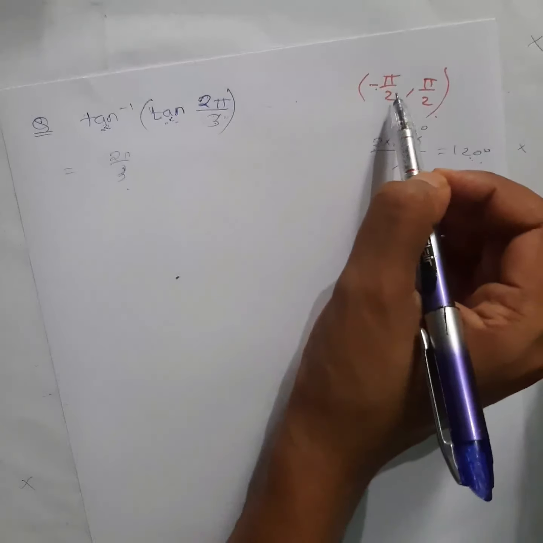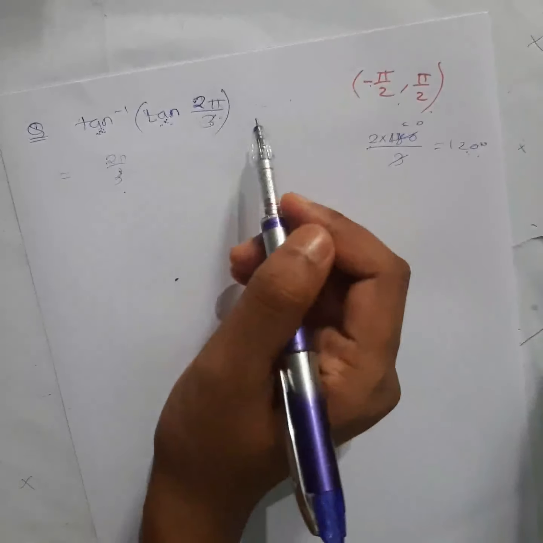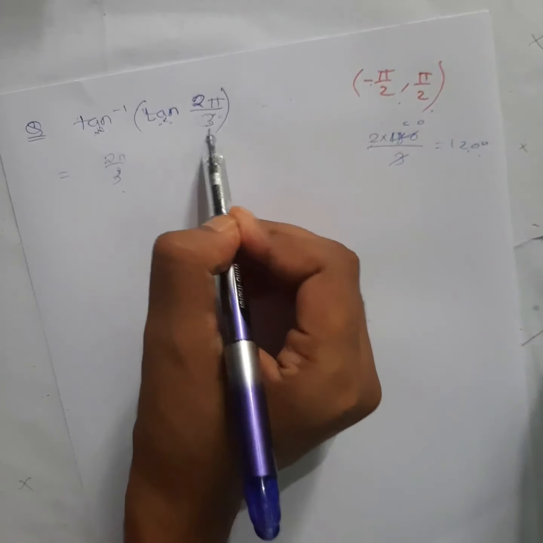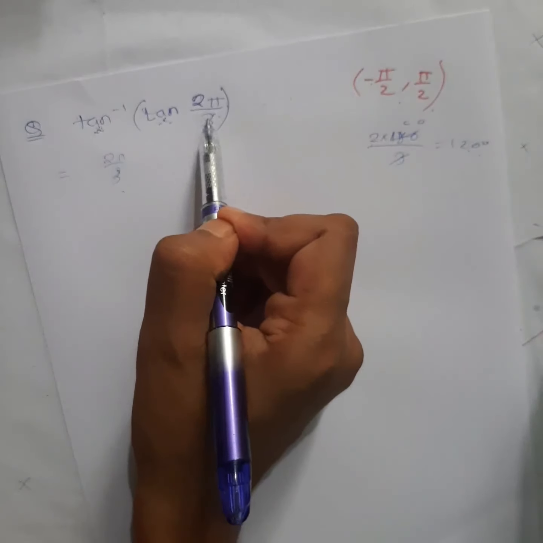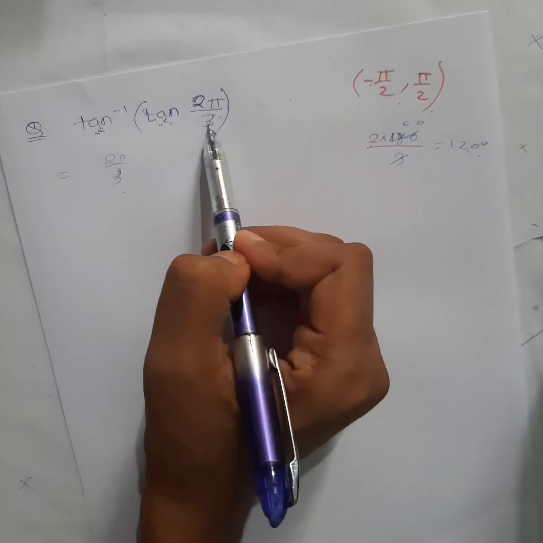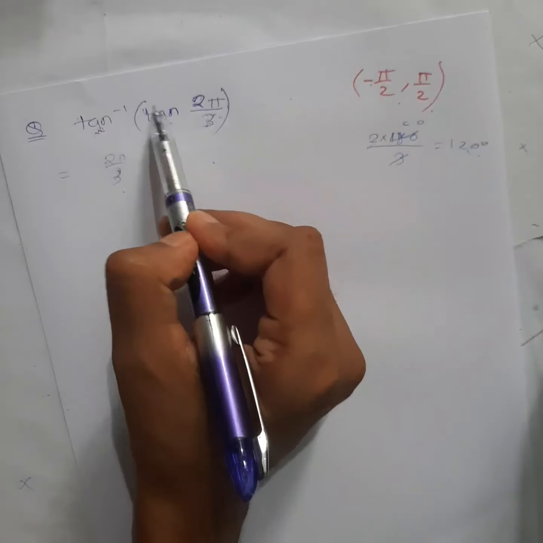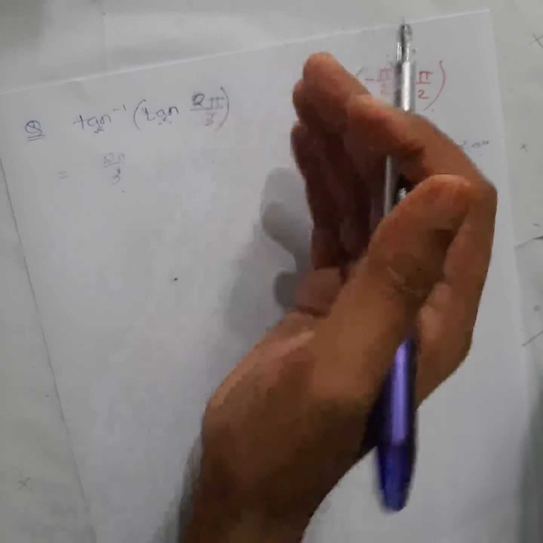So what we will do in such cases, if the angle does not lie, then what we will do? In this kind of cases, this angle you have to lower it, that is you have to take a smaller angle than this one which will lie in this range. Now which one you will take? So see what I will do with the one which I have studied in class 11, how to convert this angle into lower angle.